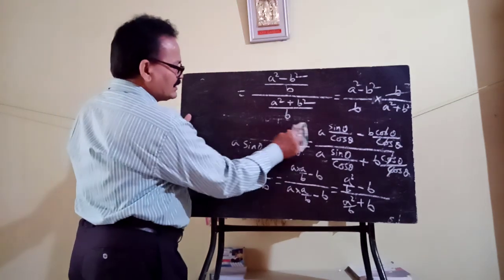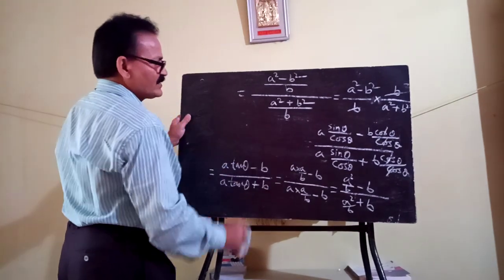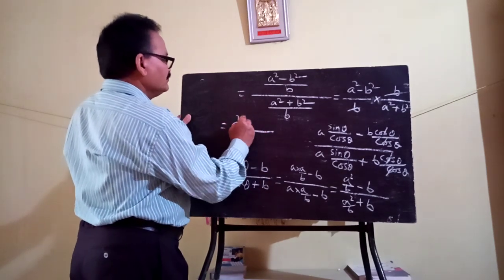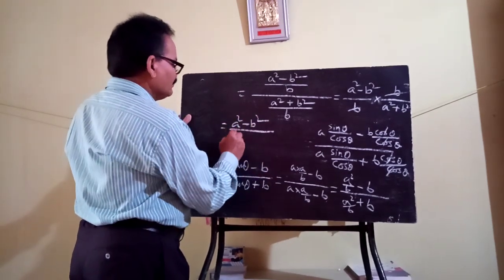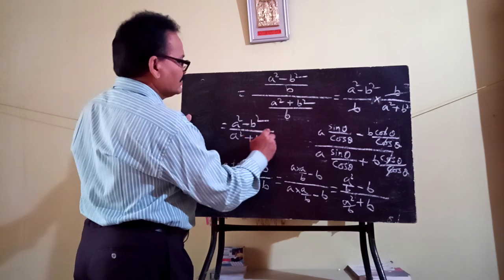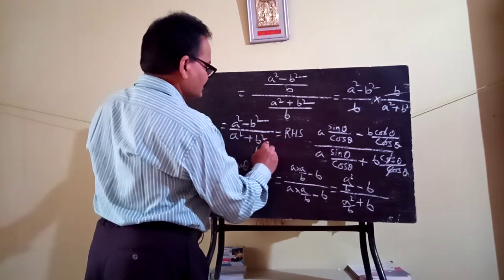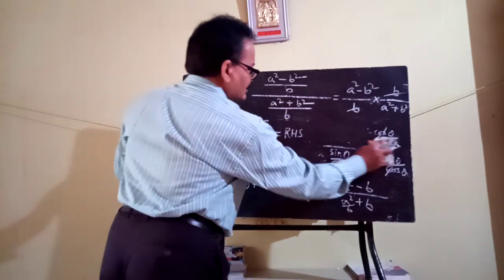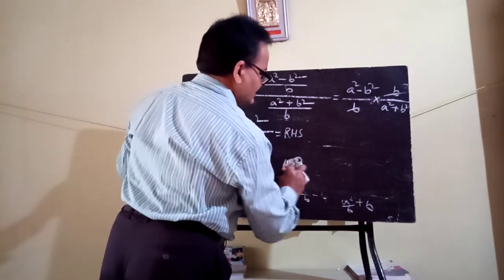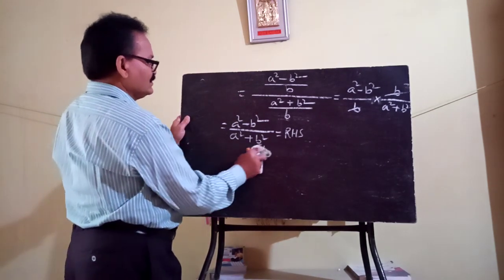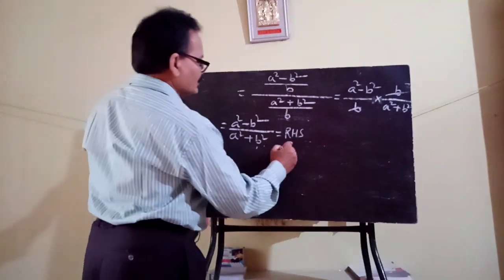Your final answer becomes A square minus B square by A square plus B square, which is equal to your RHS. Hence proved.